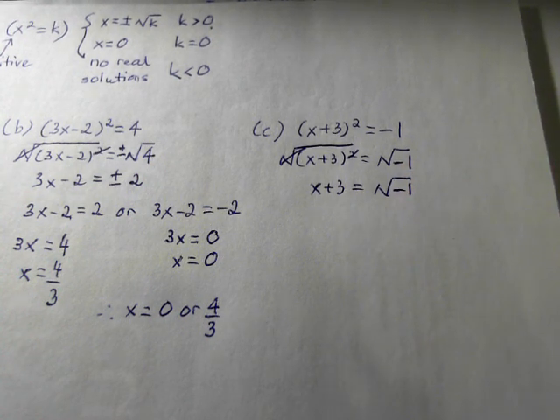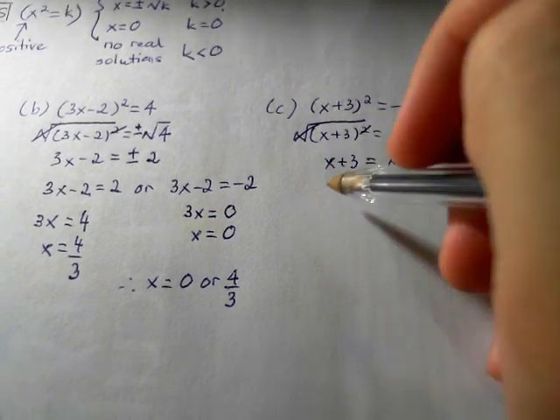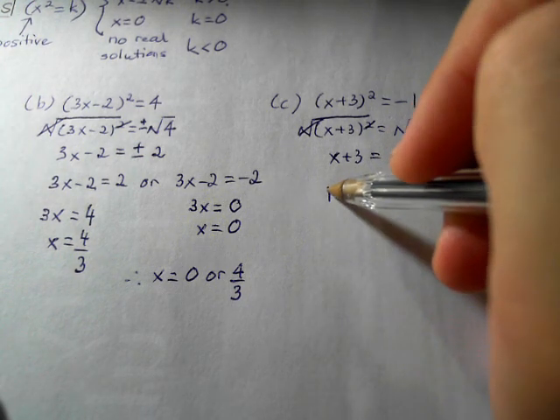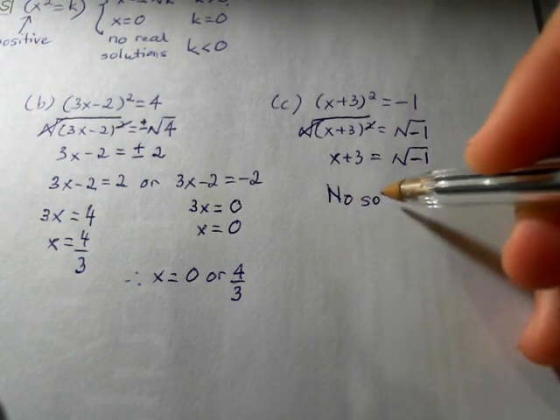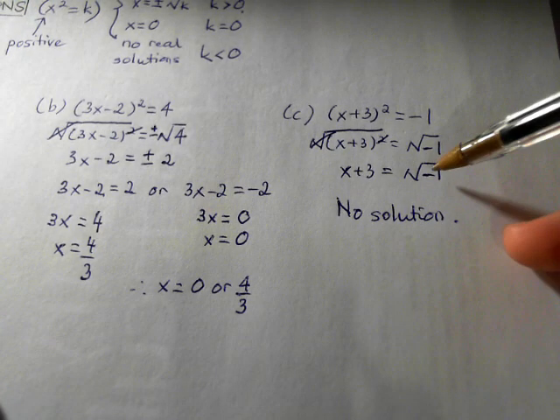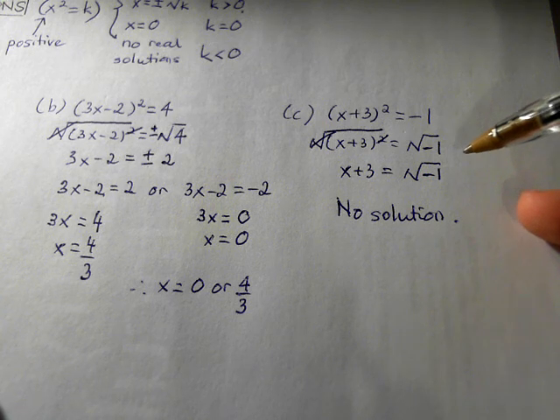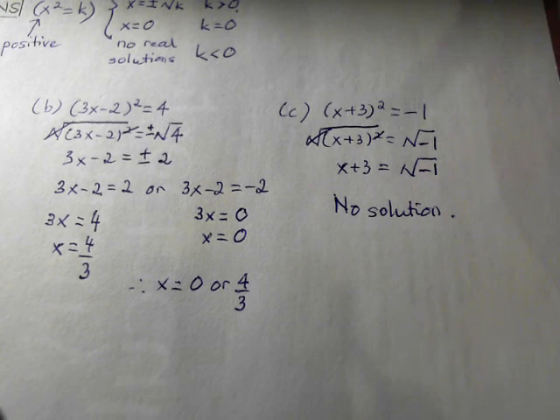But we have to remember that we cannot have a square root of negative 1. We must have this as a positive number. So for the time being, we will say there will be no solution. When you move on into year 11, you will come across that the square root of negative 1 is actually an imaginary number, but that you will learn in year 11.